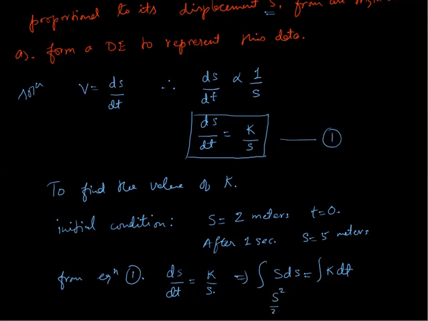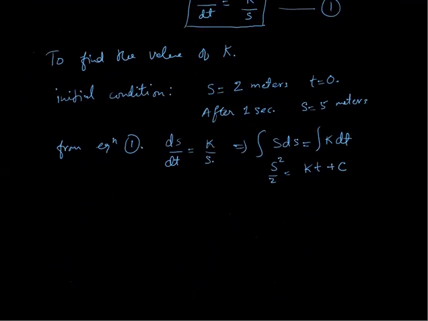So we'll get s square by 2 equals kt plus c. Okay, so this is the differential equation in the form of general solution. All right, now we have to find the value of c.